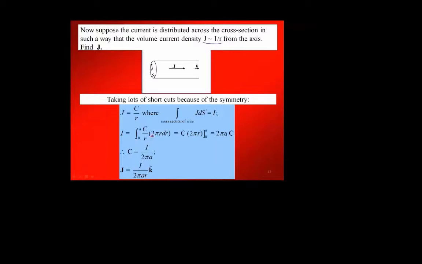Let's forget about the theta integral. This is just 2 pi r dr. So if we bring the integral here, we would have c times 2 pi r from 0 to a. Realize that this r and this r cancel. So we're really integrating a constant, so therefore we get a factor a here.